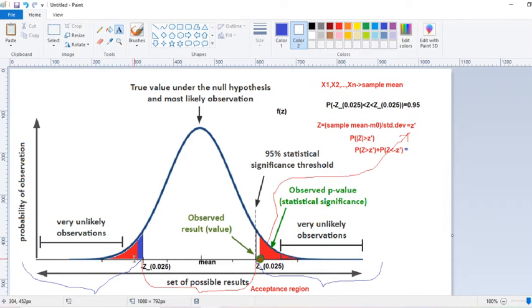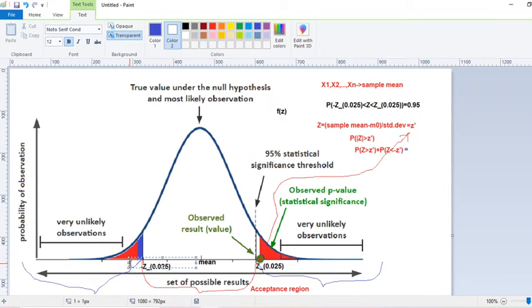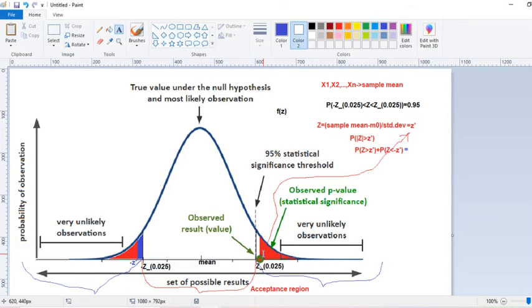So let us write that point. So this point is actually minus z dash. Okay, and this point will be z dash.